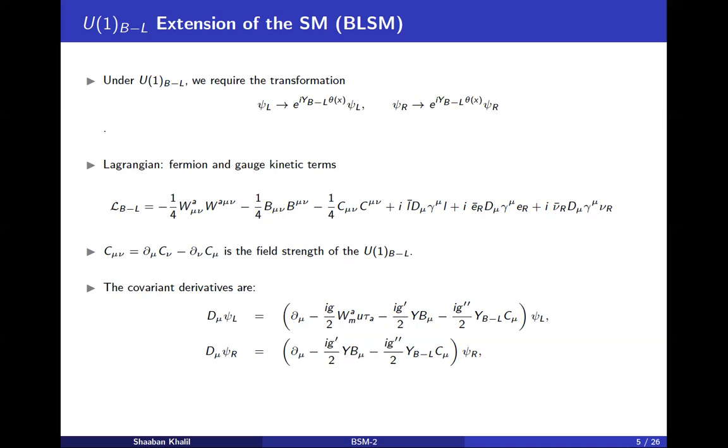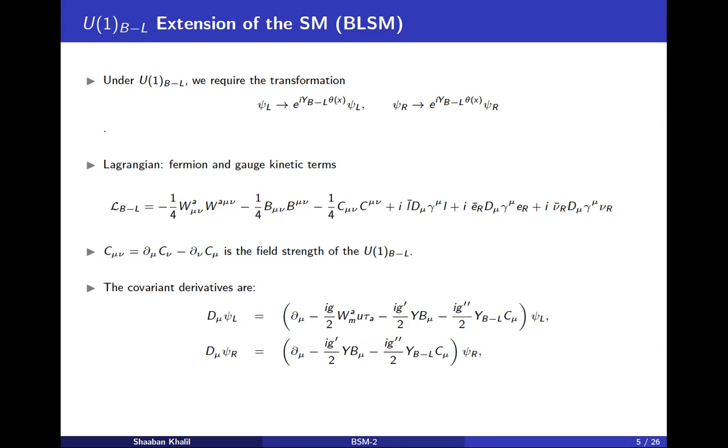It contains, as usual, the normal derivative plus the addition of the gauge bosons. So for left-handed, D_mu psi_L will be partial mu plus i g W for the SU(2), and g prime B_mu, this is the hypercharge Y. The left-handed field is charged under SU(2), so we have this gauge boson here. Is it charged under the U(1) hypercharge? So we have this term here.